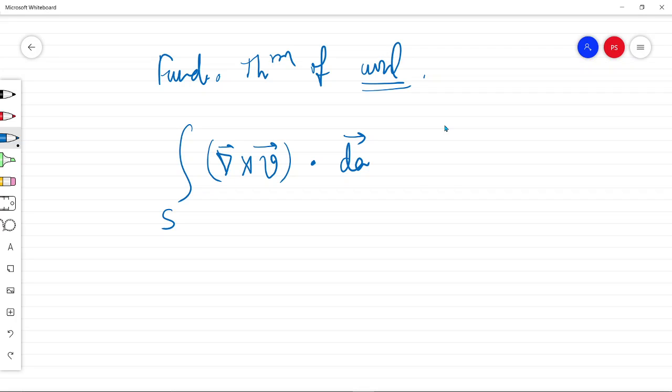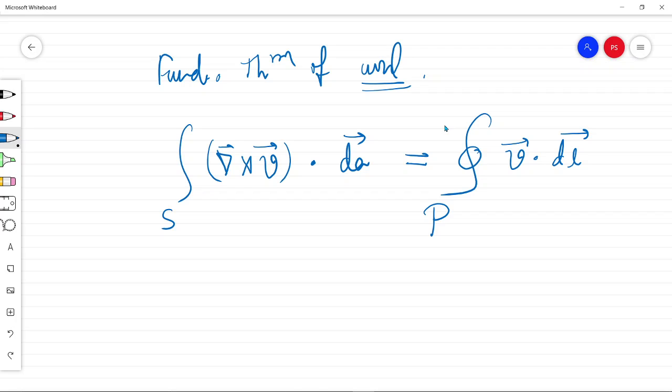multiplied by the surface element is equal to the line integral over a closed path P of V bar.